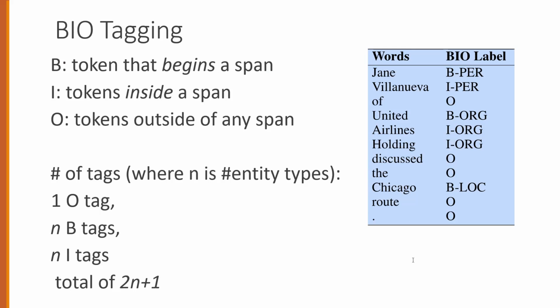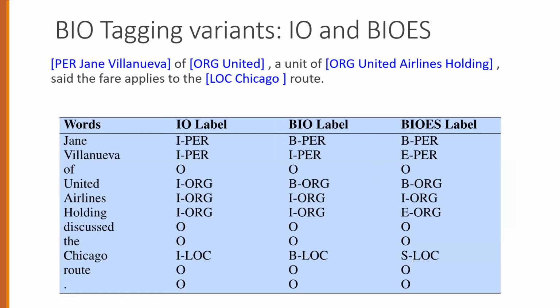BIO tagging has the advantage that we can represent the task in the same simple sequence modeling way as part of speech tagging, assigning a single label y_i to each input word x_i. There are variants of BIO tagging in which there is no B tag, or in which we add an N tag, or a single tag for single words.